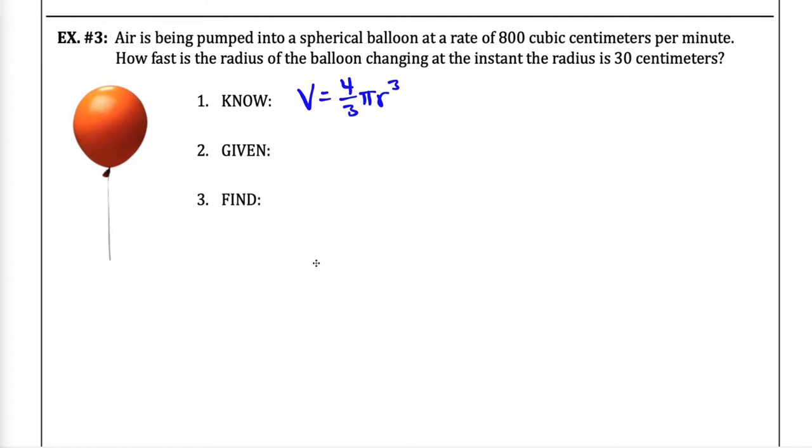What information are we given? It's a rate of 800. Okay, good. What do we label that as, though? So the numbers are usually the easy part to find. What is that describing?